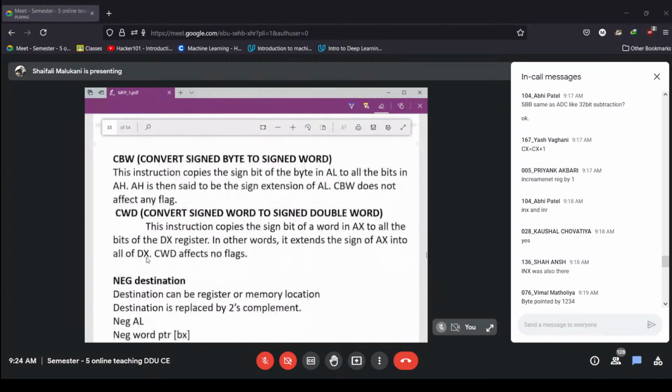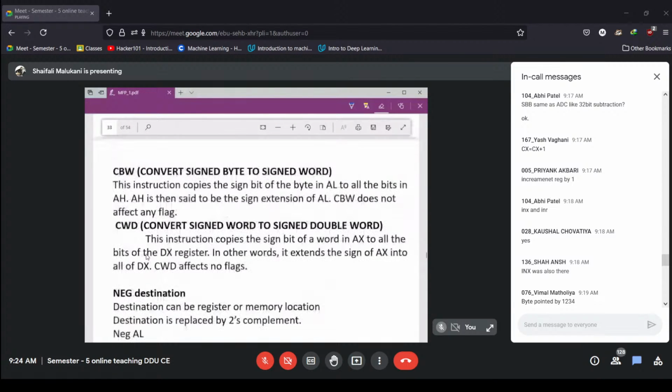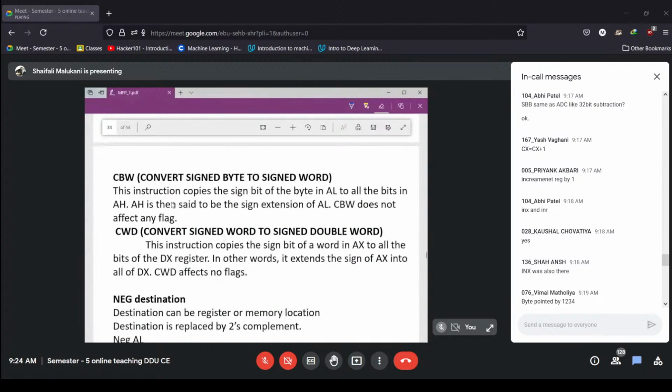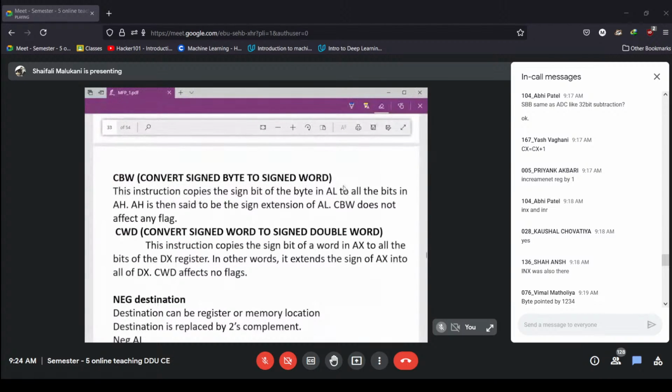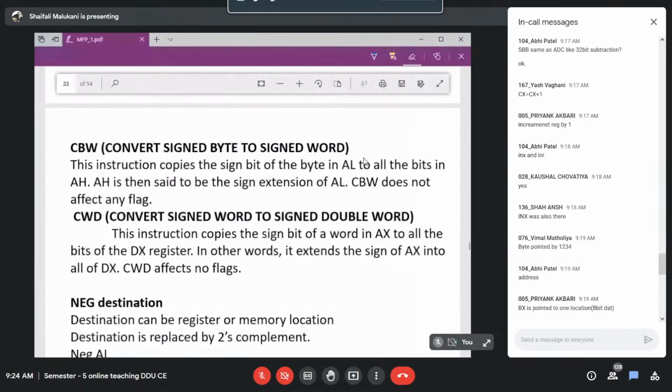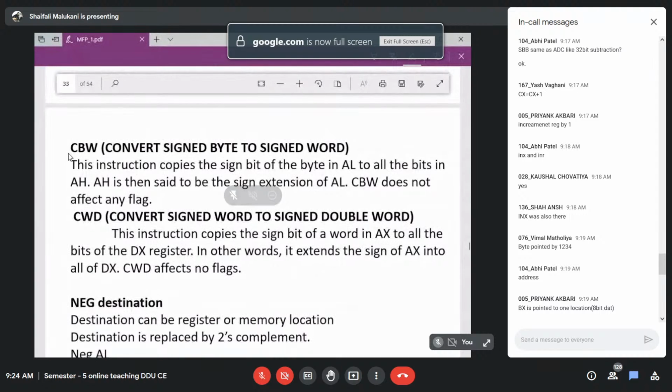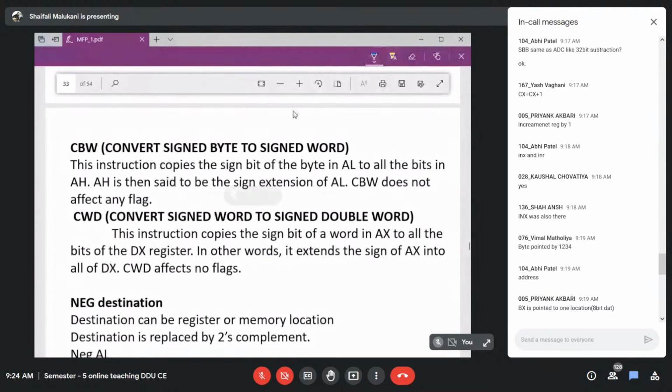Now we are going for the next case. CBW. CBW means convert signed byte to signed word.